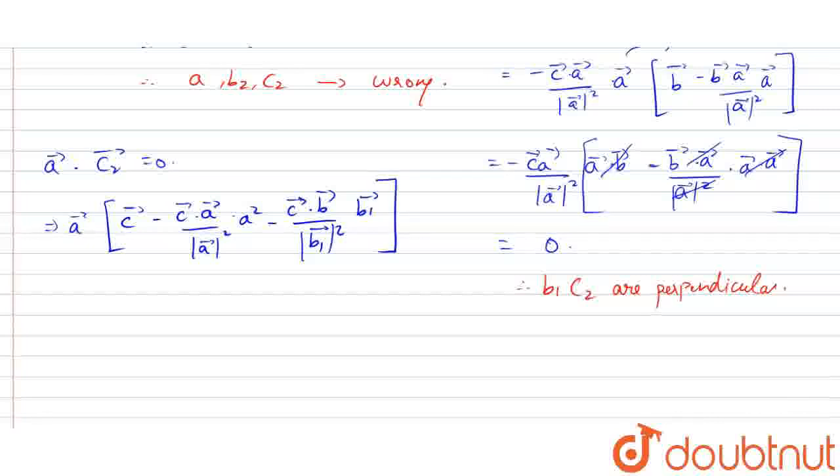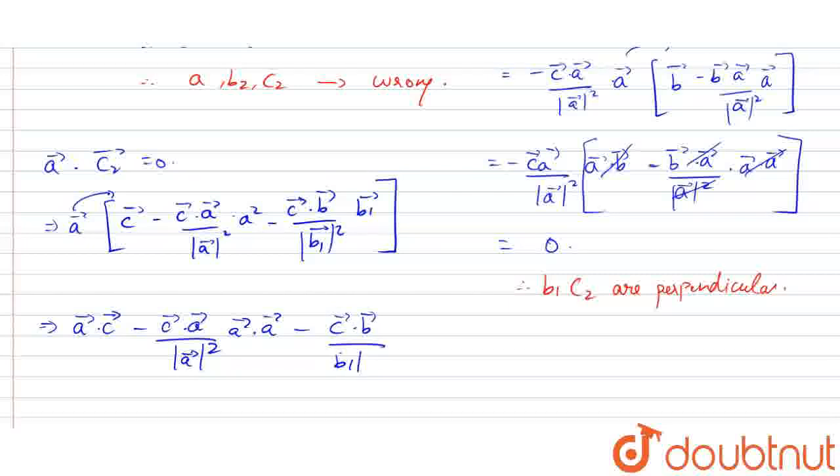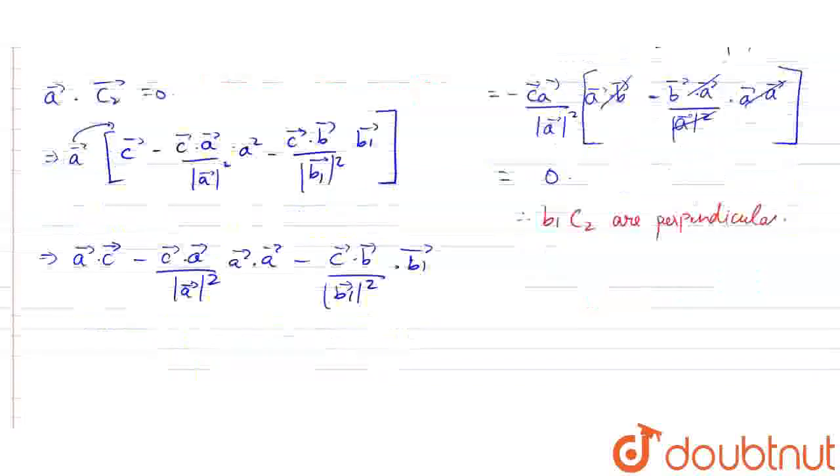Now I'm going to multiply the a vector inside, so it will become a vector dot c vector minus c vector dot a vector divided by mod of a vector the whole square into a vector dot a vector, minus c vector dot b1 vector divided by b1 vector the whole square into a vector dot b1 vector.